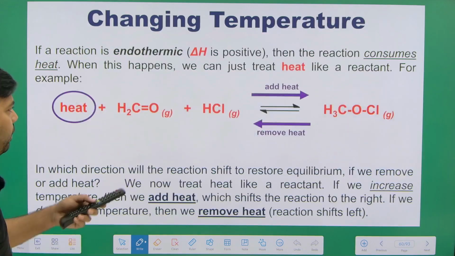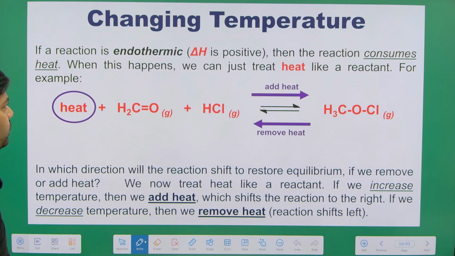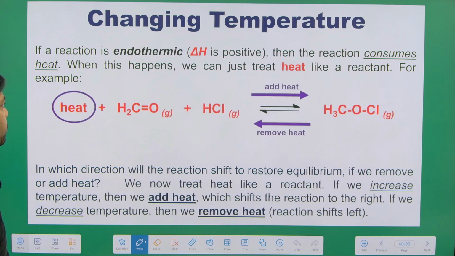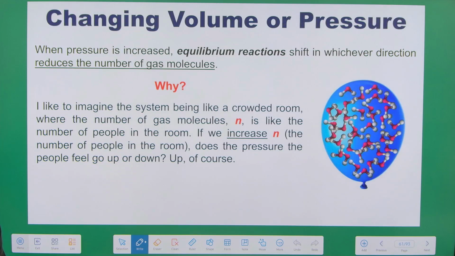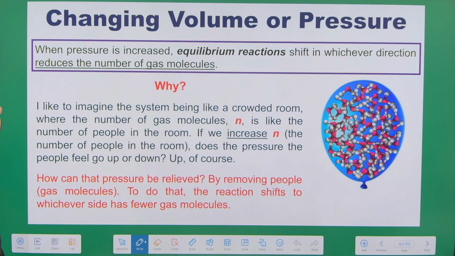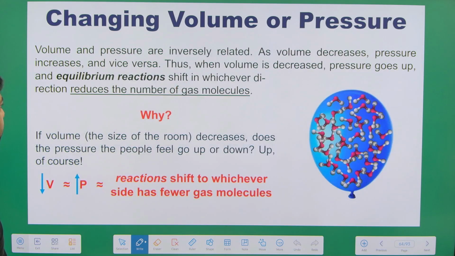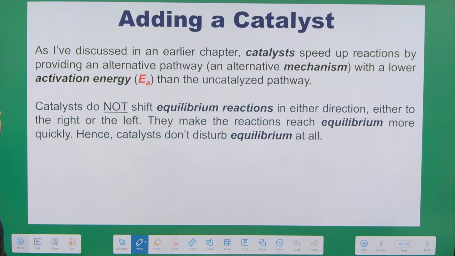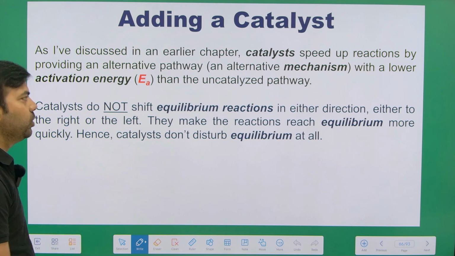This positive value, you can see 256 kilojoule, which means a positive value. That means endothermic. We have done this already, pressure and volume. Clear? Adding a catalyst, you can see catalyst does not affect the equilibrium.